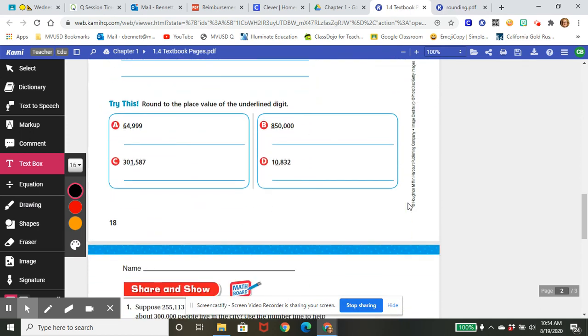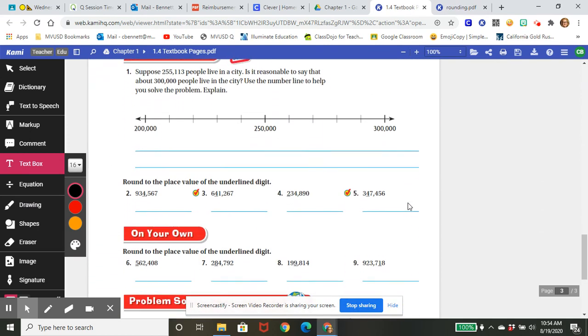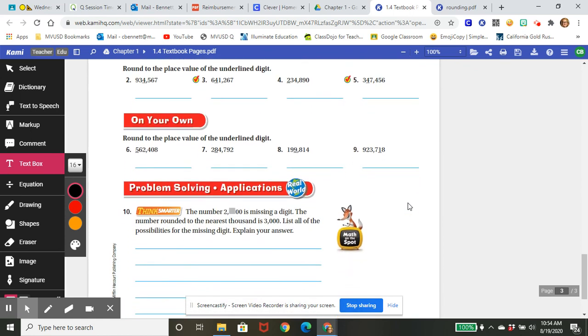Let's take a look at a couple examples. Okay. It says round to the place value of the underlined digit. Okay. So they already underlined the digit for you, and I'm rounding to that place. Okay. So here they have the 4 underlined. So I'm going to circle its next door neighbor.